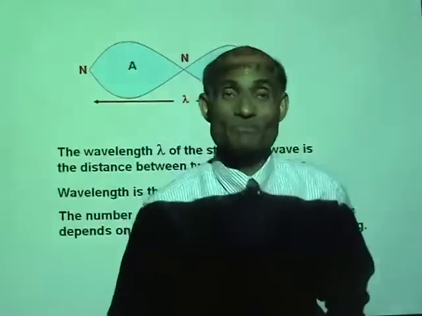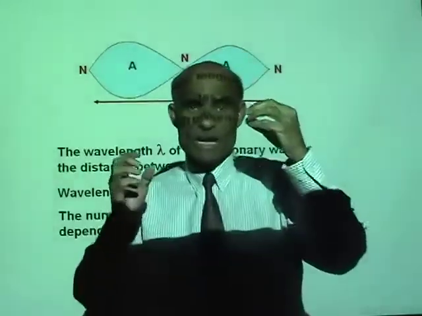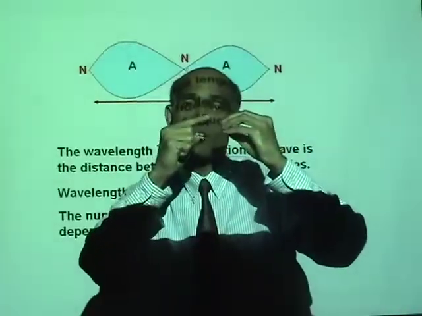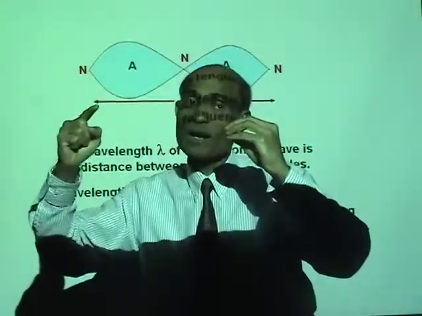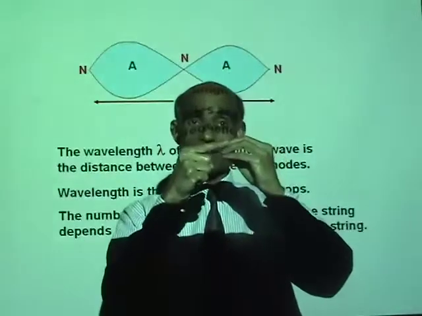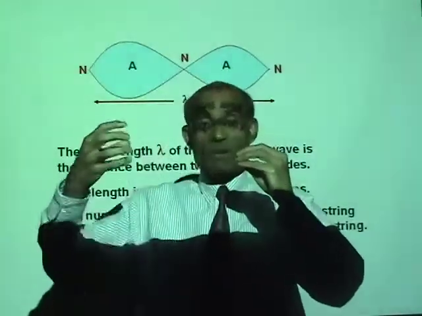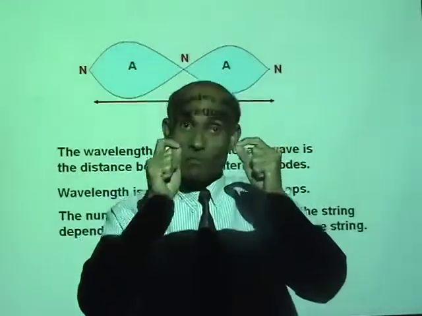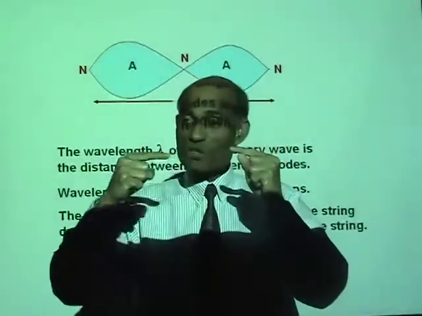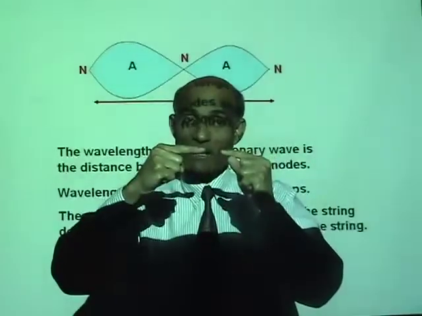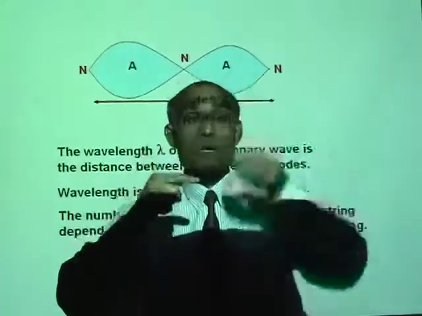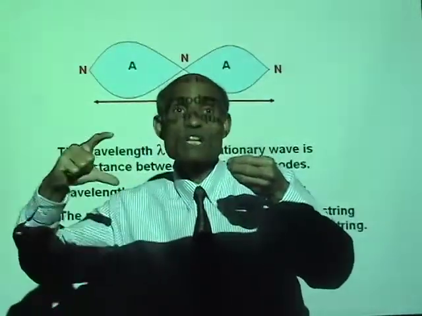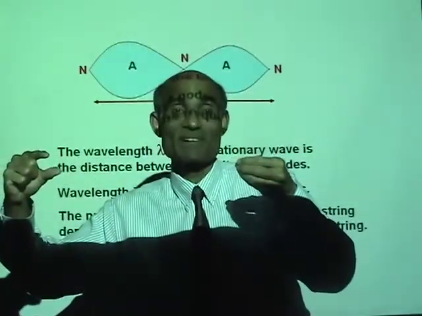Now you remember I told you that by the time the vibrator completes one vibration, if the wave goes and comes back, then the string will vibrate in one segment. But suppose by the time the energy goes and comes back, the vibrator completes 2 vibrations, then the string will vibrate in 2 segments.